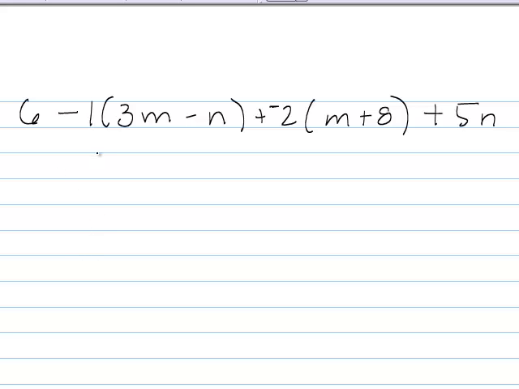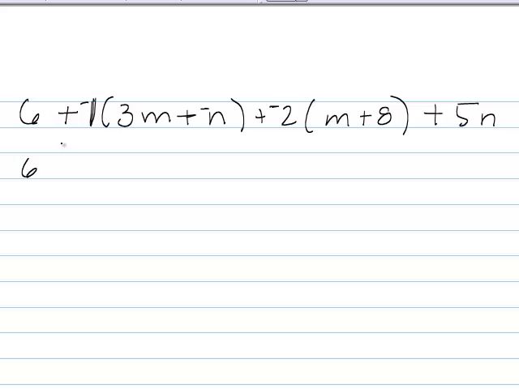And so I encourage you to add the 1 if that helps you. This would be plus a negative 1 multiplied by the quantity 3m minus n. And I can also put the plus a negative n.